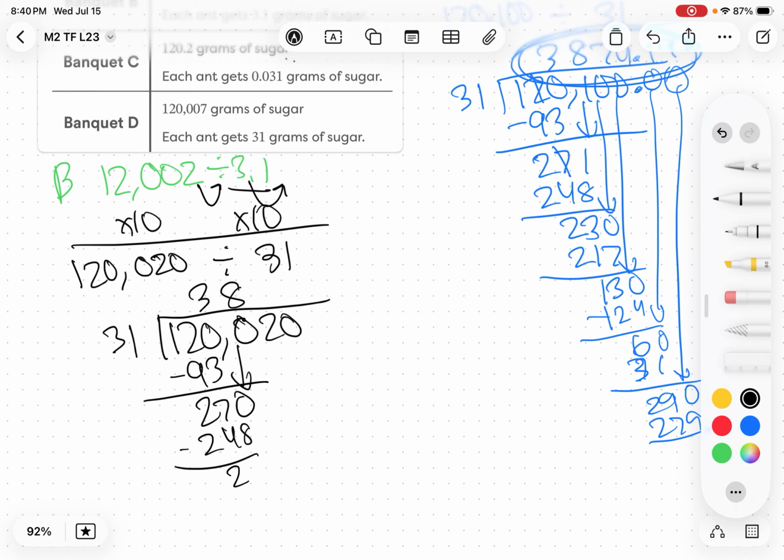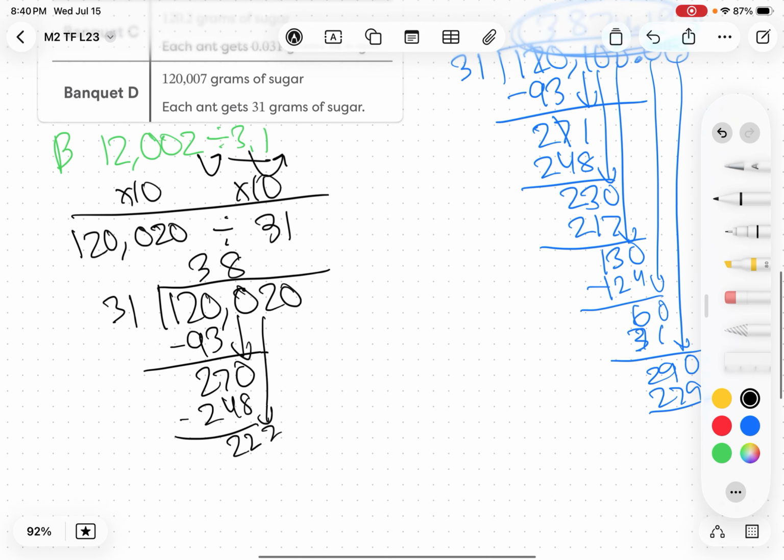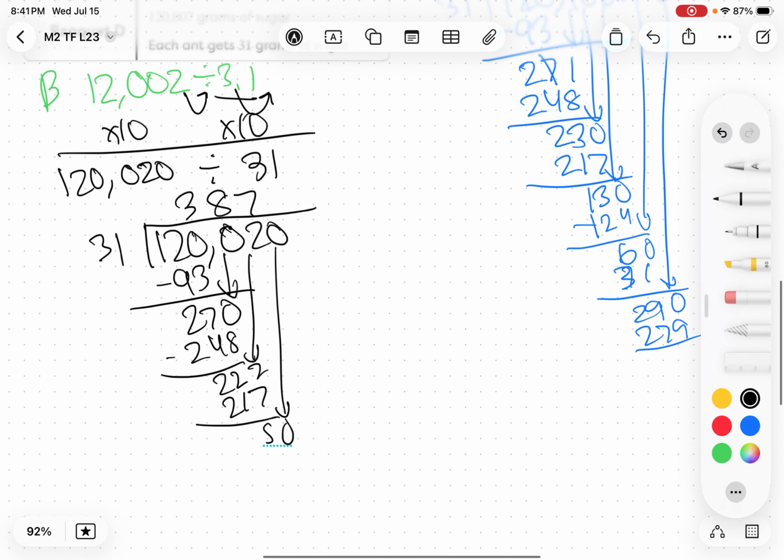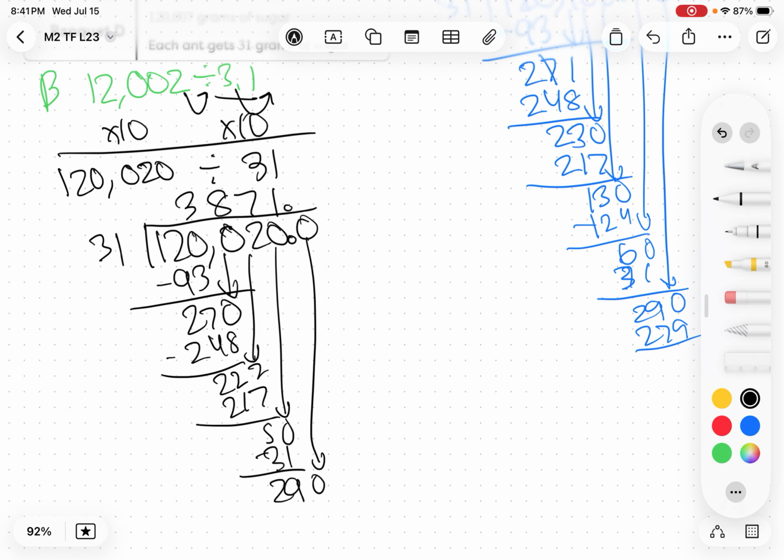Subtract, and I'm going to have 22 and bring down the next 2. And that'll go into that 7 times. We have 217. Subtract, I have a 5, and bring down the 0. And 31 would go into 51 time. 31, and we would have 29. I'm going to add a decimal and a 0 to keep going.